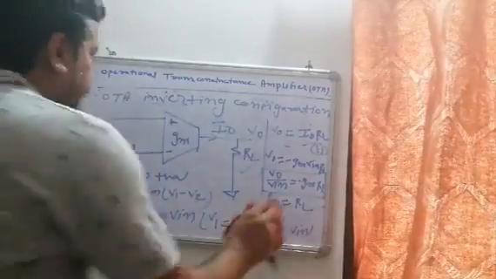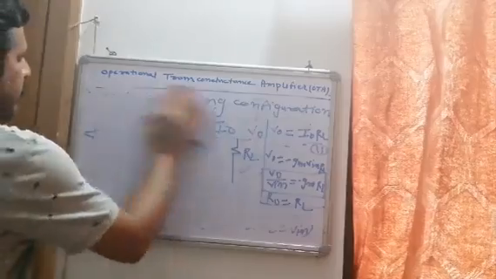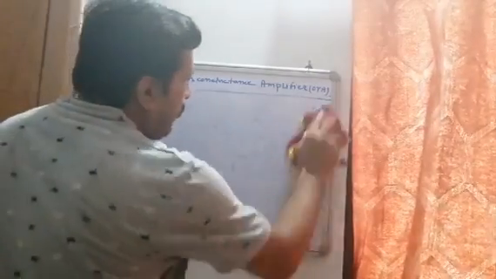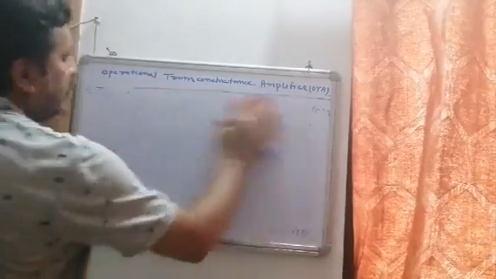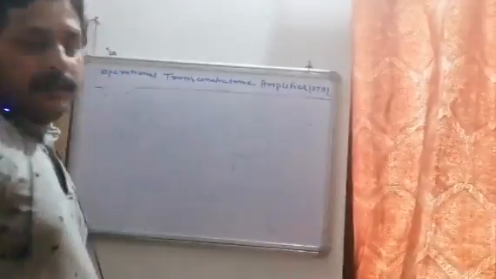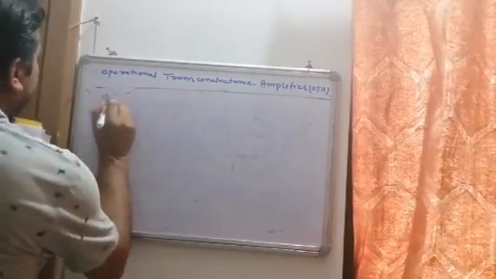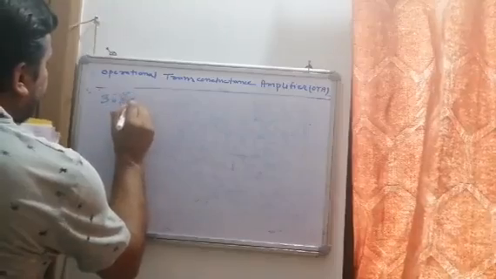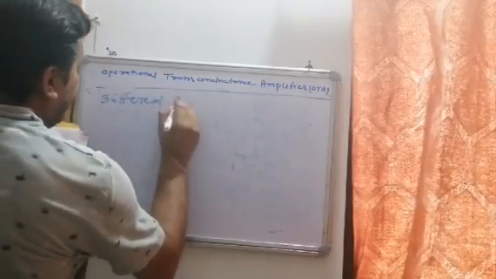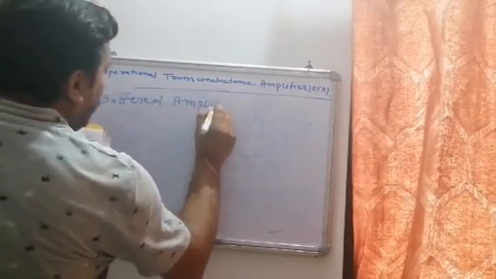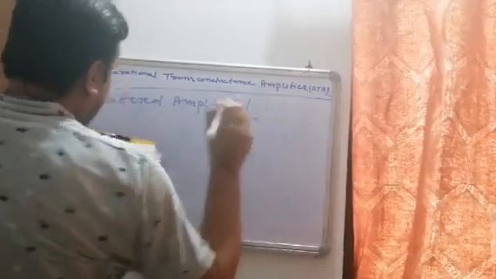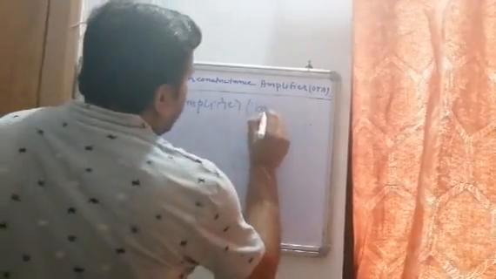So, see here, buffer amplifier, and this is inverting configuration.